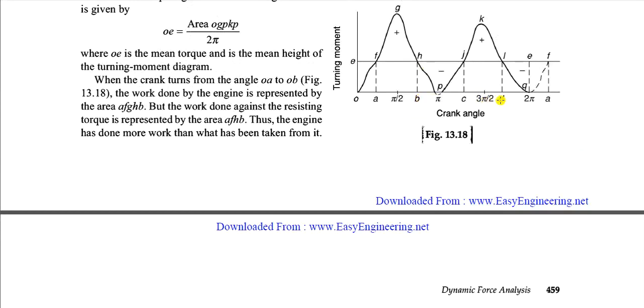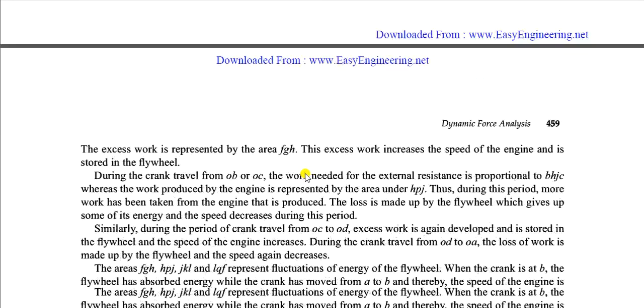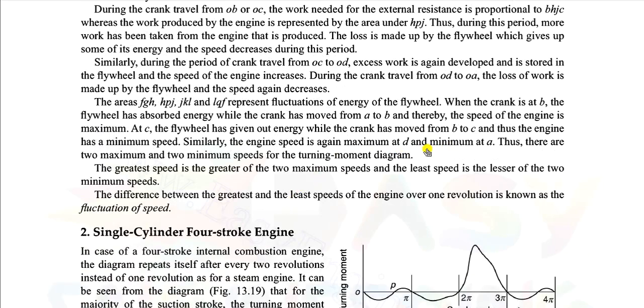At B and at D. If B is the maximum, then the greatest of the 2 maximum will be the maximum speed. And there are 2 minimum, so among them which is the least? The difference between the greatest and least speed of the engine over one revolution is known as fluctuation of speed. So the maximum speed minus minimum speed is called fluctuation of speed.